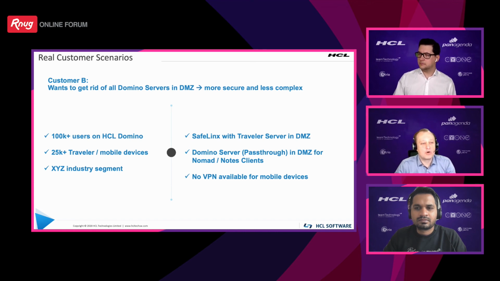That is a number of devices that a single Traveler server was not able to handle. So HCL Safelinx was used as the forefront, as the gateway, to be the entry point for all the smartphones and connect back to the Traveler servers in the DMZ.